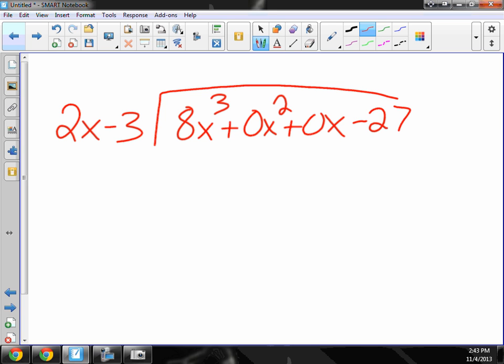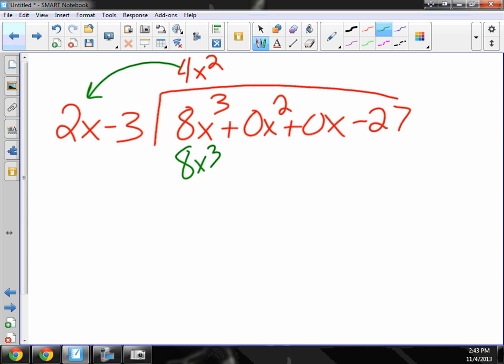4x squared. So now, multiply those. 4x squared times 2x is 8x to the third. And then 4x squared times negative 3 is negative 12x squared.